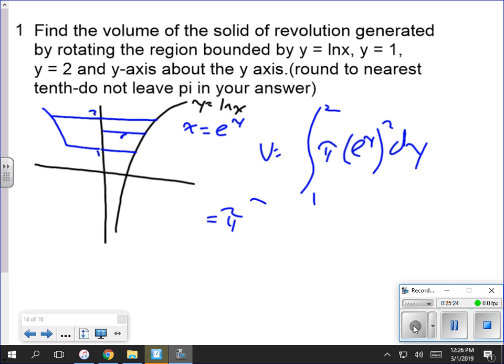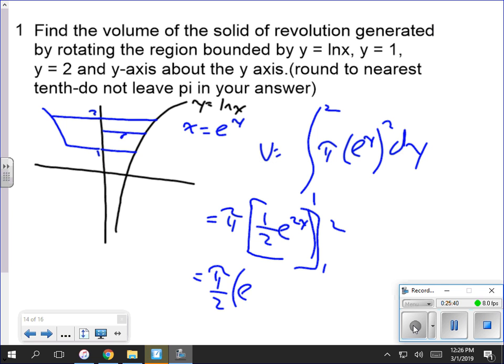So you end up getting pi times, this is e to the 2y, so your antiderivative is 1/2 e to the 2y from 1 to 2, and I got pi over 2 times e to the 4th minus e squared, which when you work it out to the nearest tenth, you get 74.2 on your calculator. Okay, not too bad.